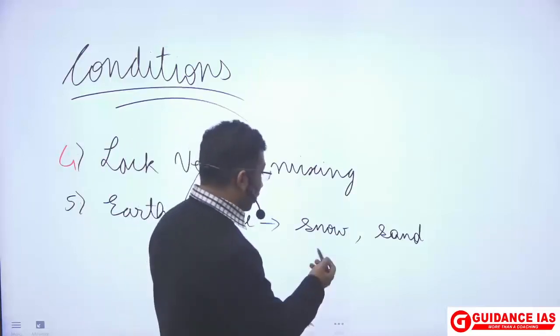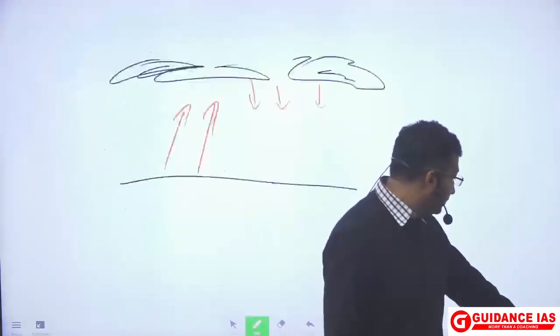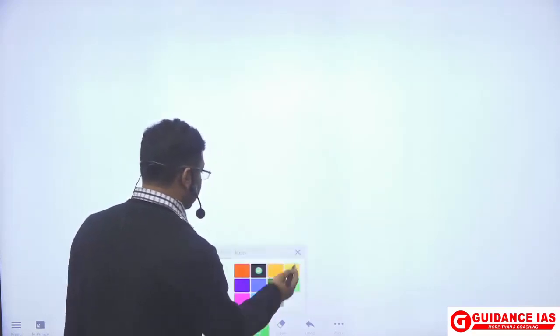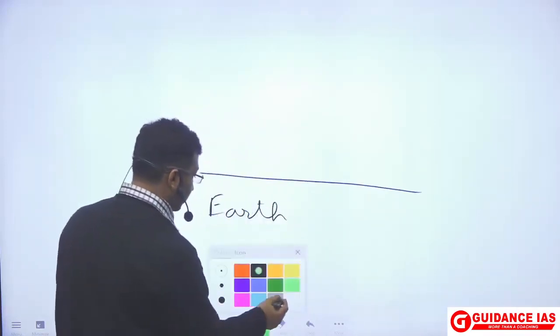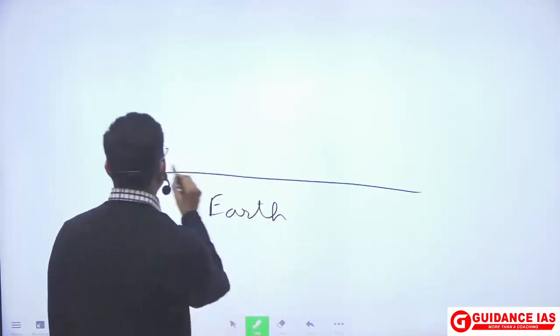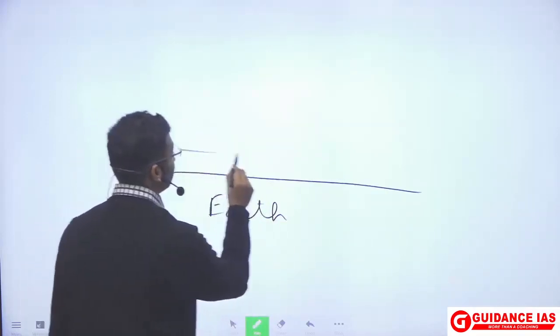Similarly, when we talk about snow, snow is a bad conductor of heat. This is the earth surface.